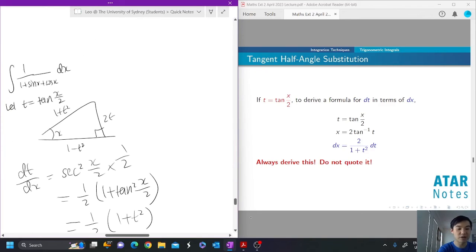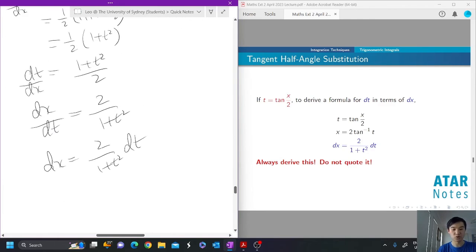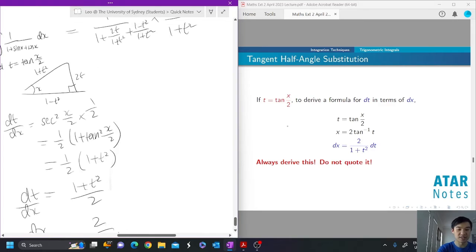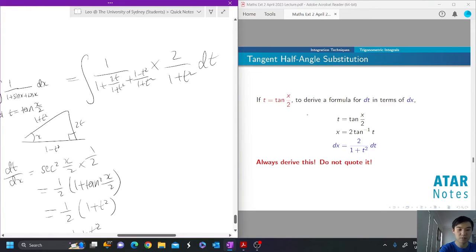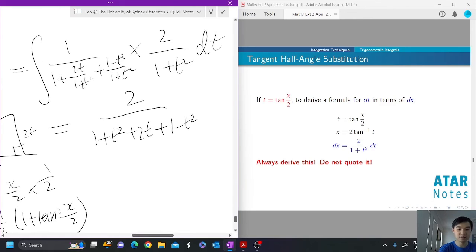And now when I want to integrate this, I can simply change this all in terms of t. So 1 plus 2t over 1 minus t squared using the t formula, plus 1 minus t squared over 1 plus t squared, and the dx is going to be 2 over 1 plus t squared dt. When I integrate, that is going to be 2 over 1 plus t squared plus 2t plus 1 minus t squared, and that will cancel out.